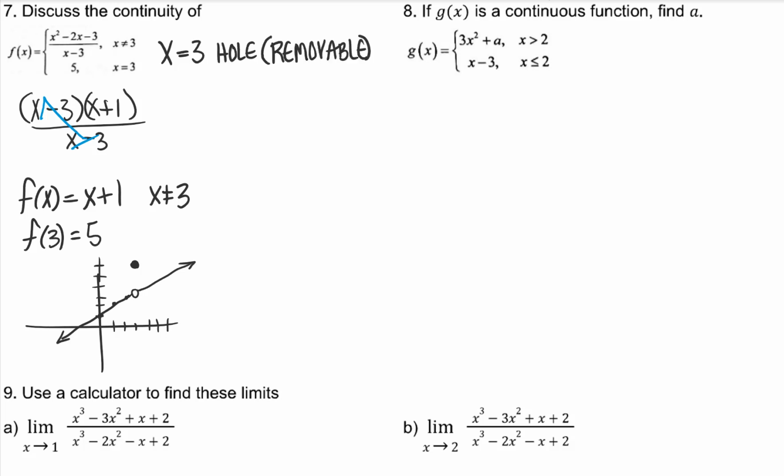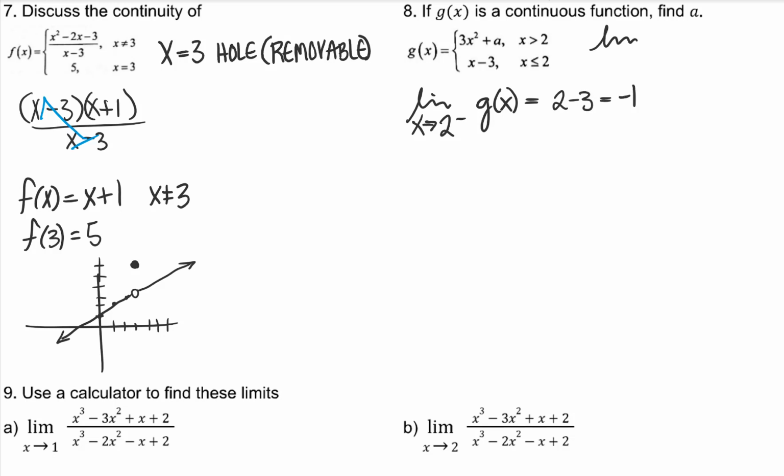For number 8, if g of x is continuous, then find the value of a. In order for this to be continuous, our left-handed limit needs to match our right-handed limit. The limit as x approaches 2 from the left of g of x would be the second piece, the piece without our unknown, and I'll plug in 2.